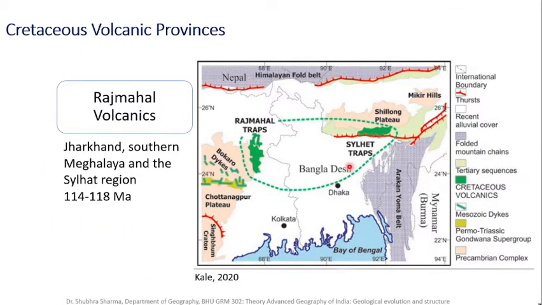The Rajmahal volcanics are the oldest igneous rocks, representing this large scale magmatization or volcanic eruptions. These are deposited in Jharkhand and southern Meghalaya, also known as the Sylhet traps in the Bangladesh region, and you can see these volcanics represented by the green color here.